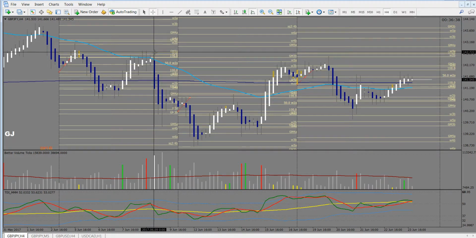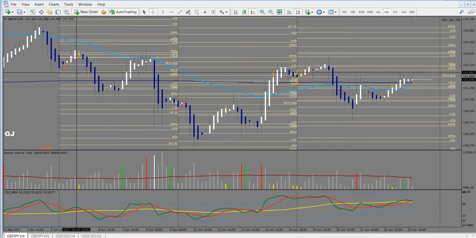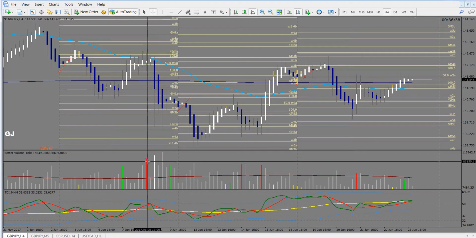And as we can see, it went quite far down after this manipulation phase on quite extreme volume. You can always tell, in this case you can see that the volume wasn't very high compared to this bar here. I'd be expecting more than one wave.